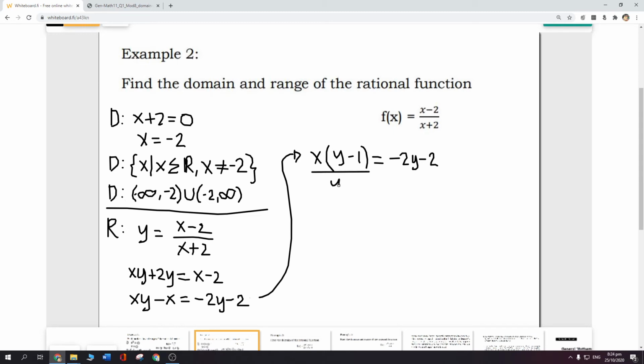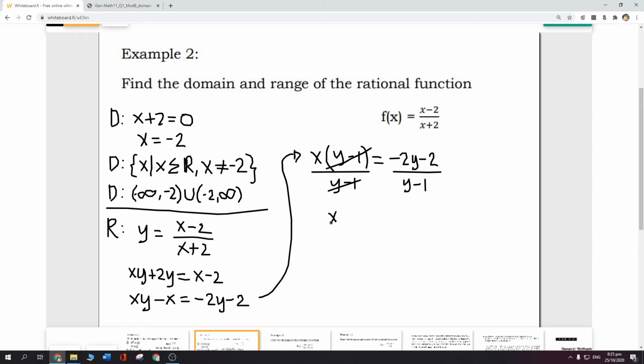So we are going to solve for x in terms of y. Therefore, we are going to divide both sides by y minus 1, so we can eliminate y minus 1.